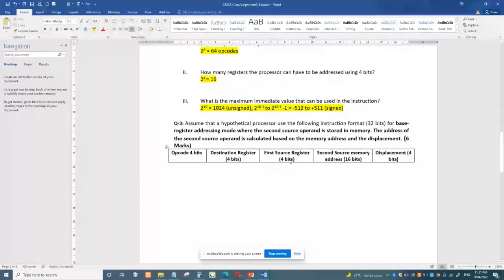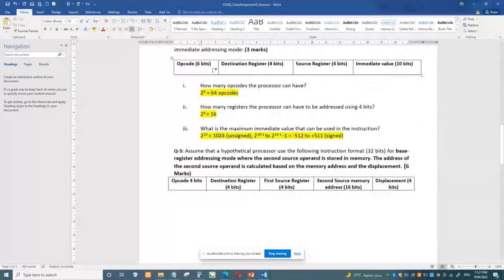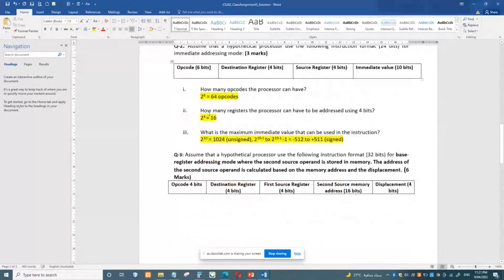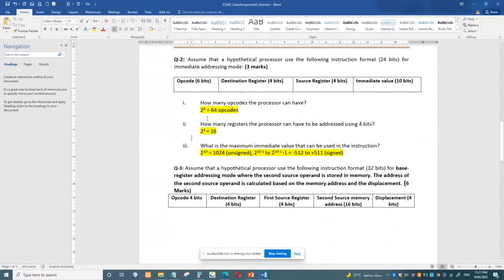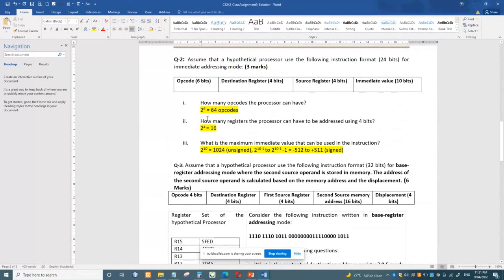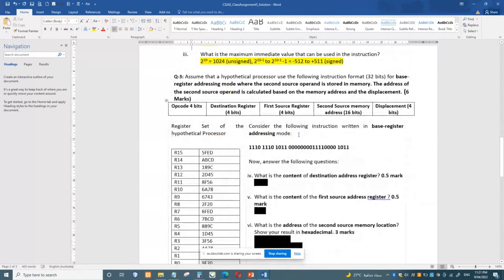Now assume that a hypothetical processor uses the following 32-bit instruction format for the base register addressing mode, where the second source operand is stored in memory.